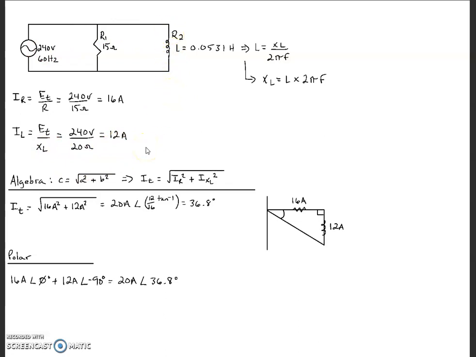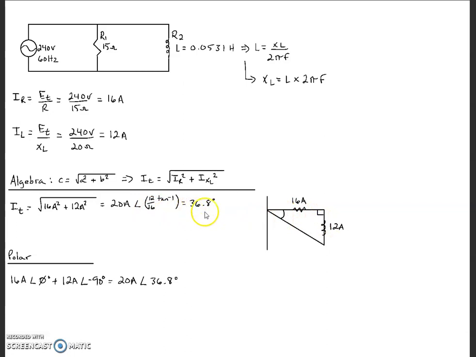So the formula we're using here, C equals the square root of A squared plus B squared. So IT equals the square root of I through the resistor squared plus I through the inductor squared. And if we plug those numbers in, we end up with 20 amps at an angle of 36.8 degrees.